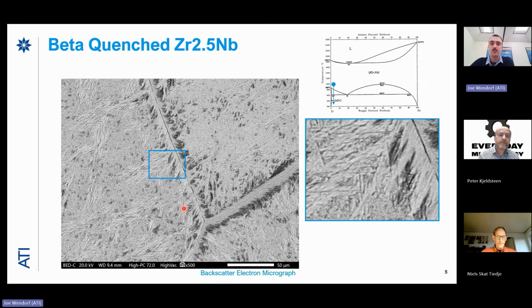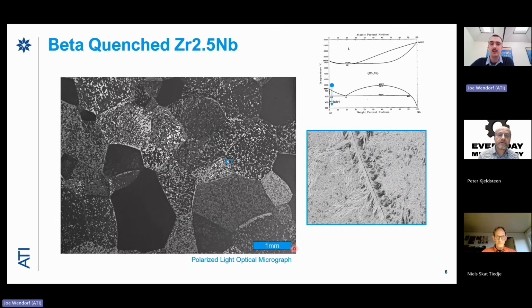But if we zoom way out, where this is now 1 millimeter, these alpha laths have arranged themselves into these larger structures that look just like an equiaxed grain structure, right? So the explanation for this is these are something called a prior beta grain. And so I'll try to explain that to you now with this animation.